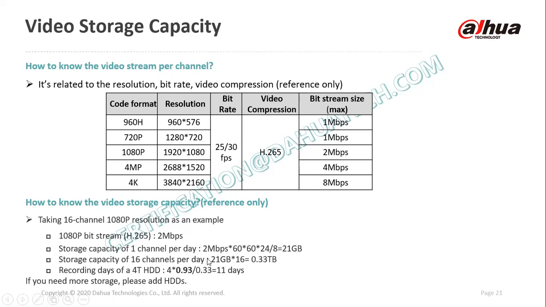For recording on motion, we cannot predict because we don't know what time there will be motion and what time there will not be motion. So the advantage of constant recording is that we'll be able to predict what storage capacity the hard disk would require.